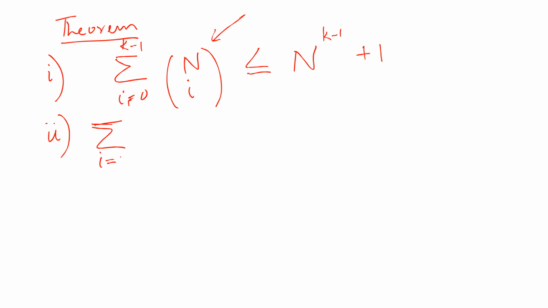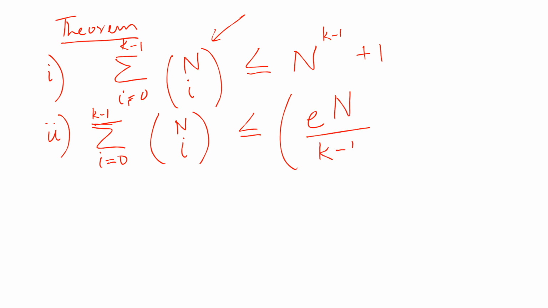So i equals 0 up to k minus 1. This is something that we know, right? And we are going to utilize it. The sum of n choose i is also bounded by e n over k minus 1 to the power k minus 1.